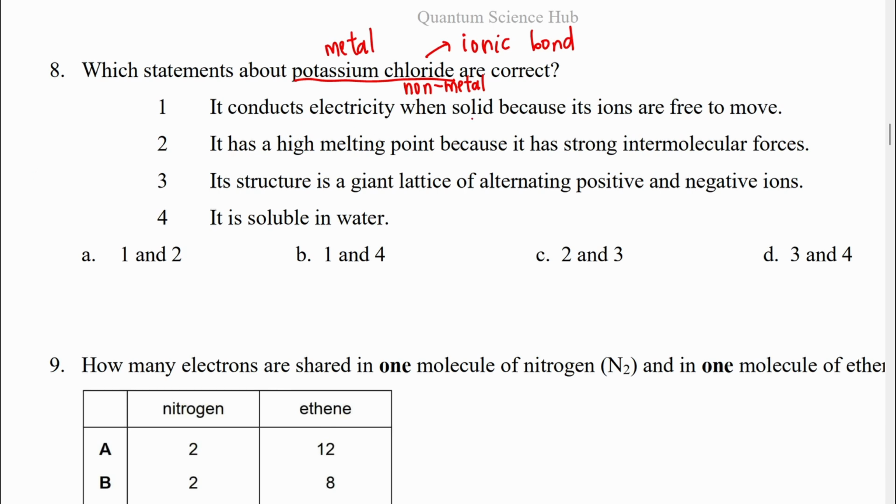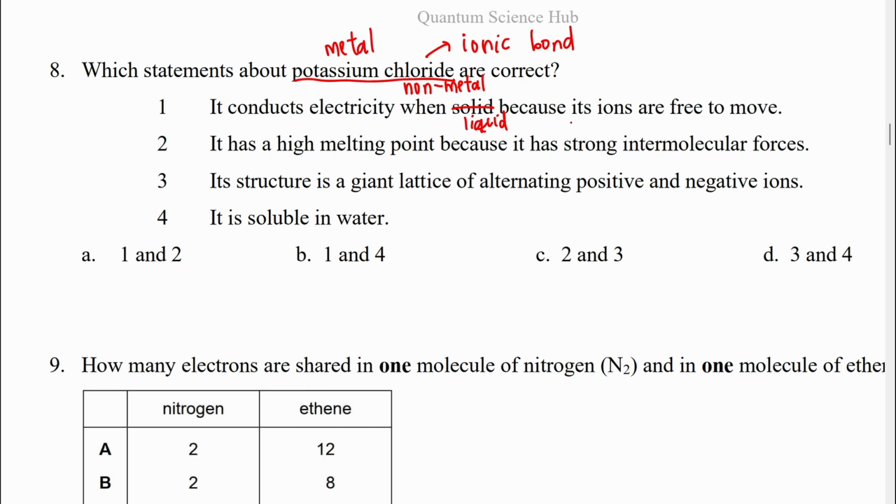It conducts electricity when solid? No, it cannot conduct electricity when solid, right? It should be in a liquid, okay? The liquid here means an aqueous solution or in a molten state because its ions are free to move. In solid, ionic compound cannot conduct electricity because it does not have free moving ions.